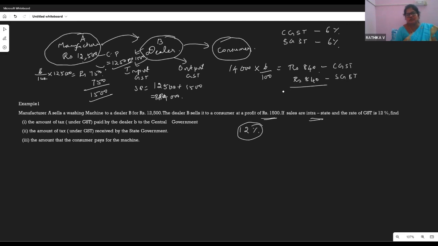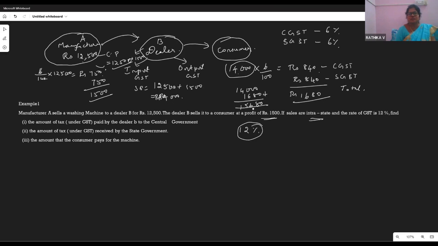So the total GST is rupees 1,680. So the consumer will be paying 14,000 along with this 1,680 GST added; this amount will be paid by the consumer.